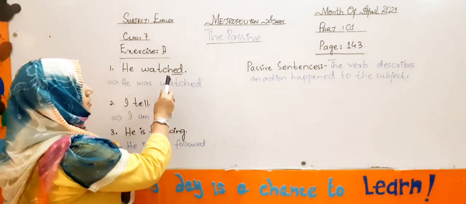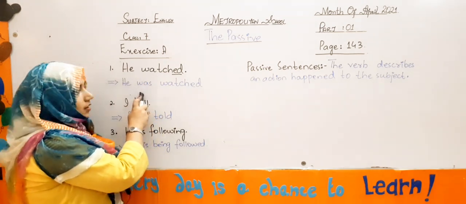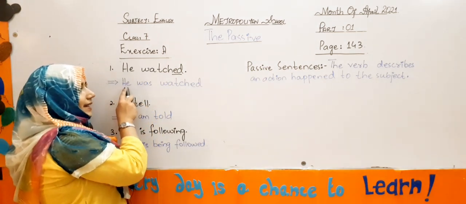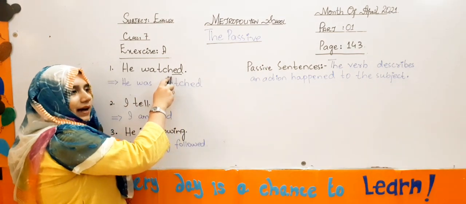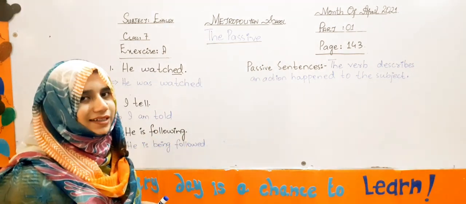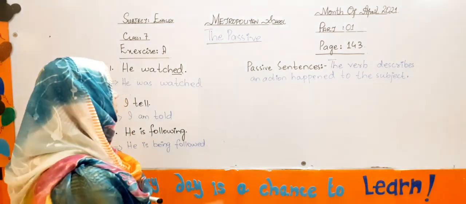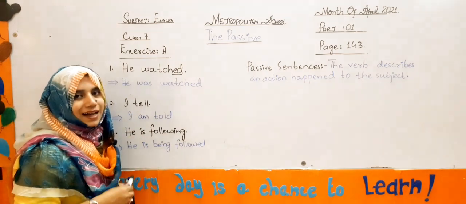So in past simple tense, if we are going to make the passive of this sentence, we write he was watched. So if the sentence is in the past simple tense, we can use the helping verb of past continuous tense, right, my dear students? Similarly, let's take another example. The example is: I tell.